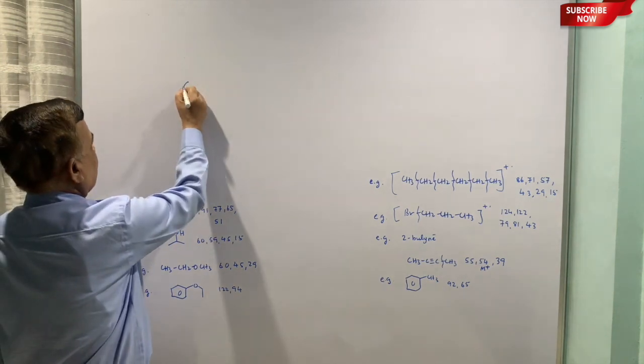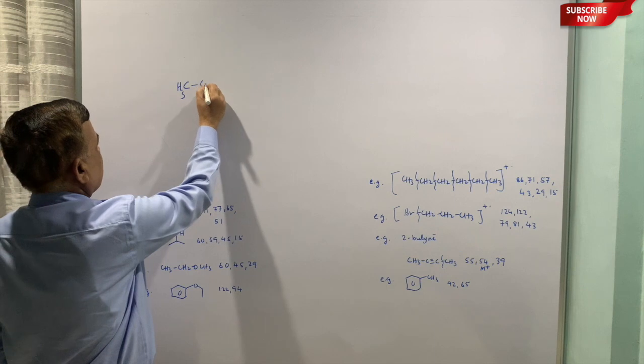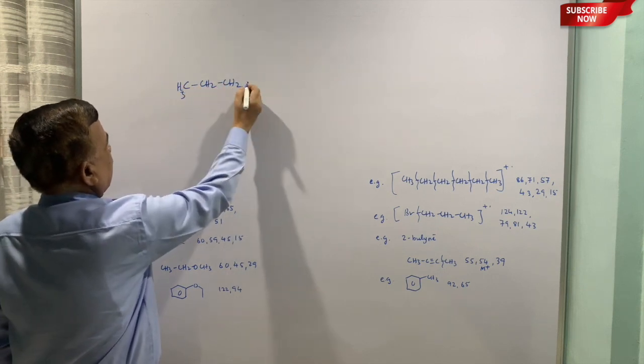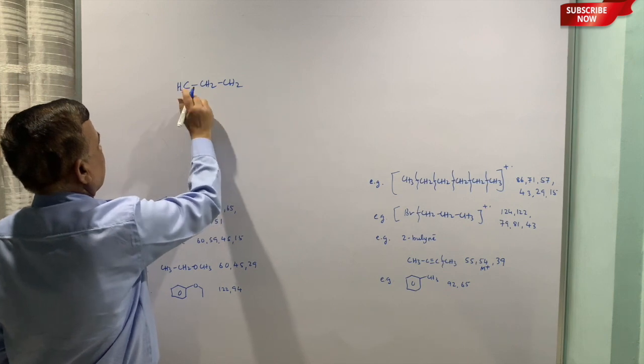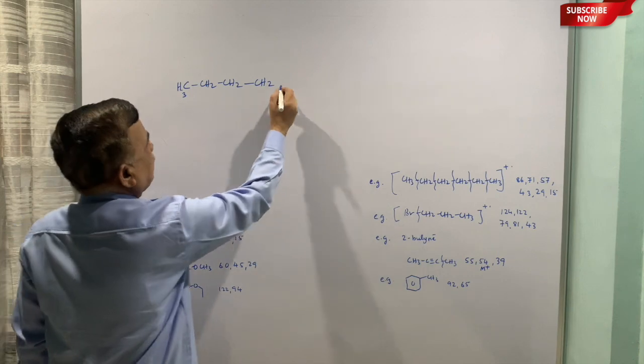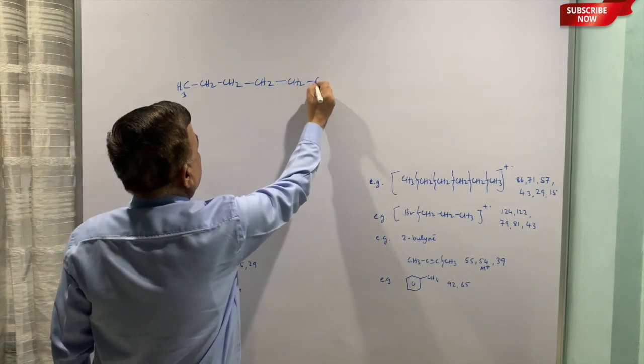Now, I will draw the structure here, and once again we will see what is the meaning of these peaks, why we are putting those numbers there. CH2 and CH3.